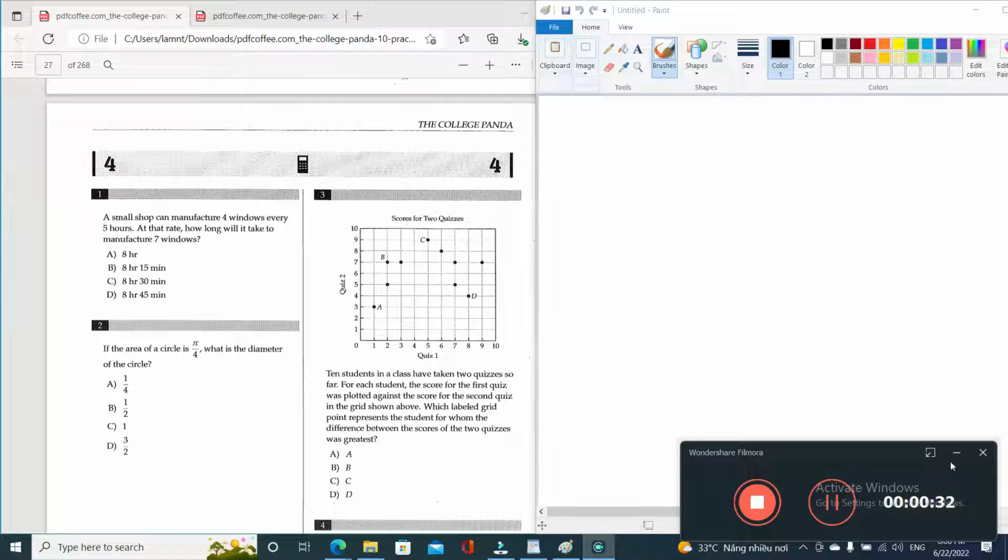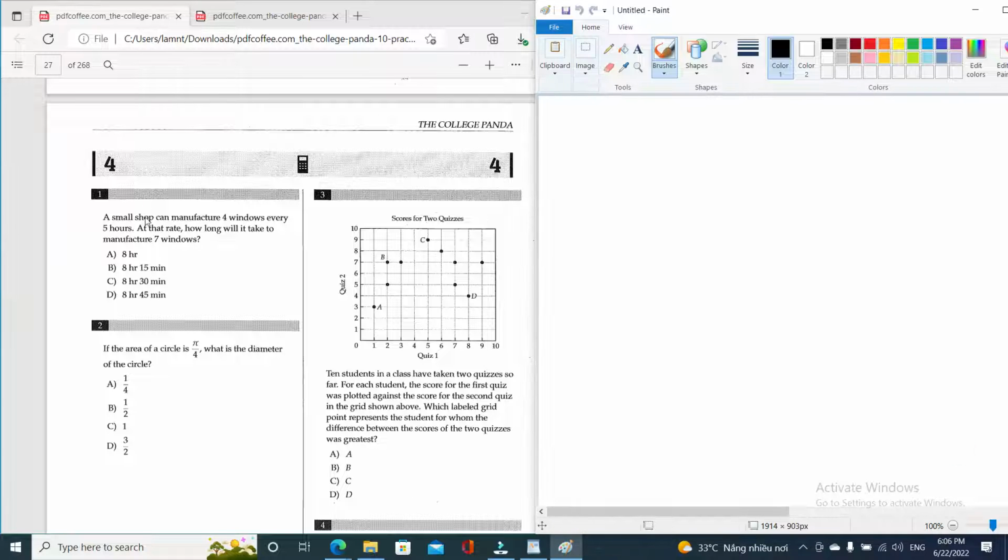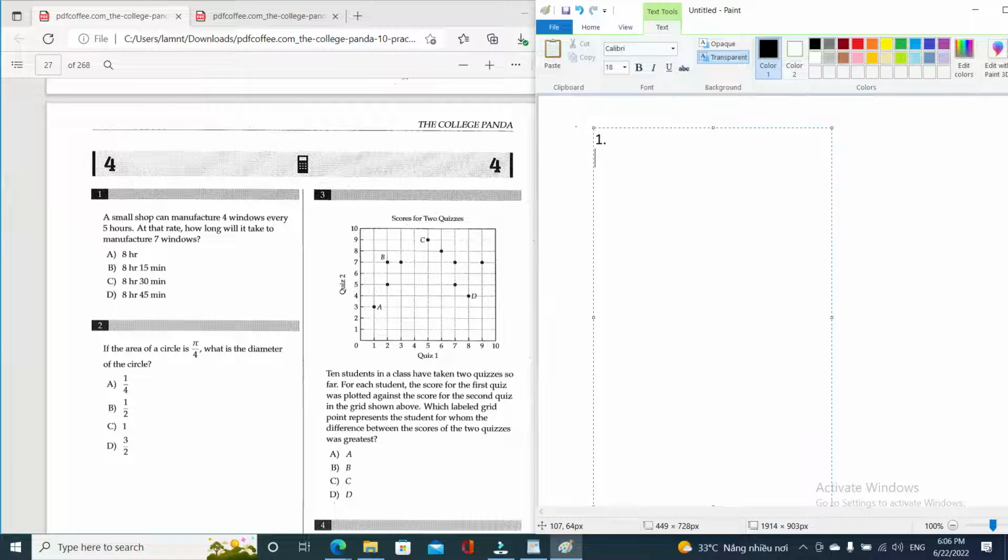Question 1. A small shop can manufacture 4 windows in 5 hours. So question 1: 4 windows, 5 hours. 7 windows. Okay, so 4 windows is equivalent to 5 hours.